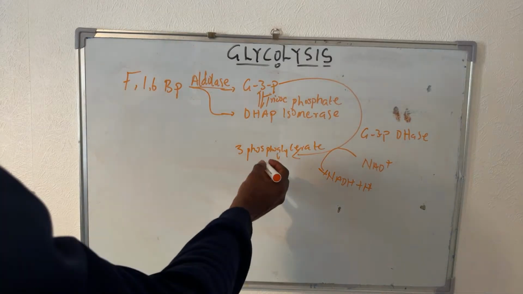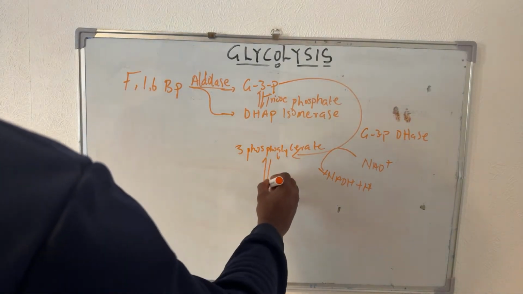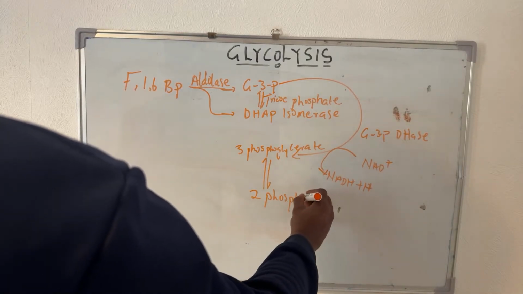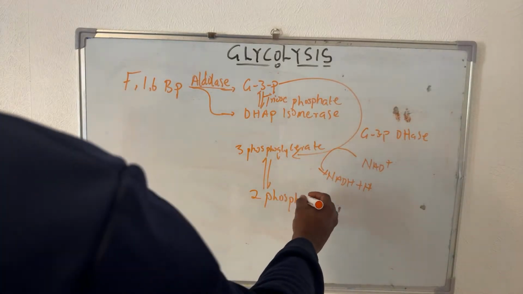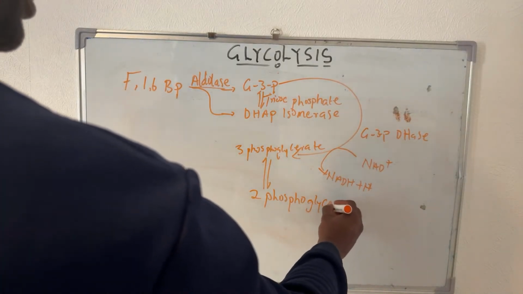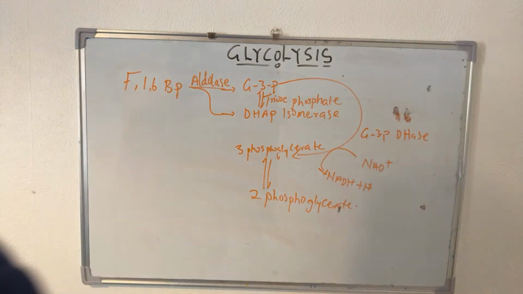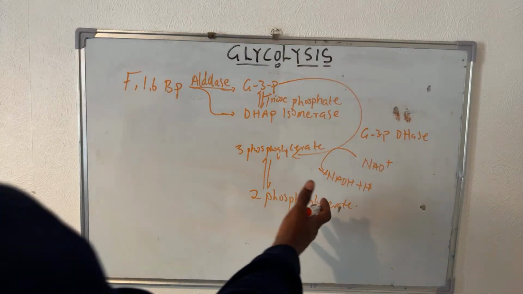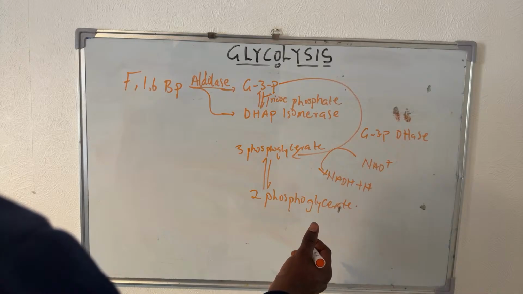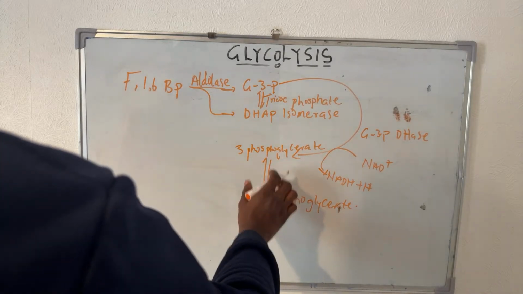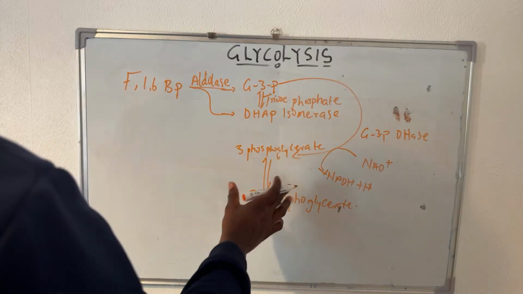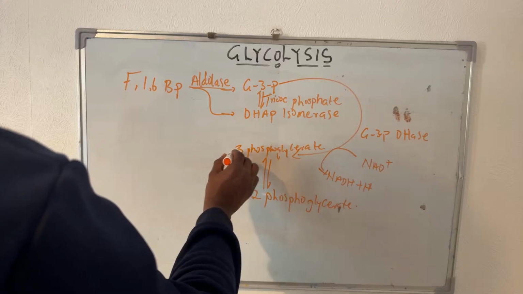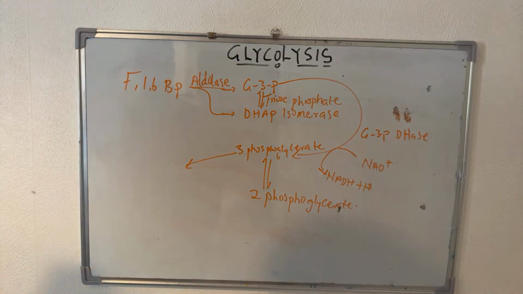Now, 3-phosphoglycerate can isomerize to 2-phosphoglycerate by the enzyme phosphoglycerate isomerase. So that is the enzyme here. There's not enough space, so let me leave it.